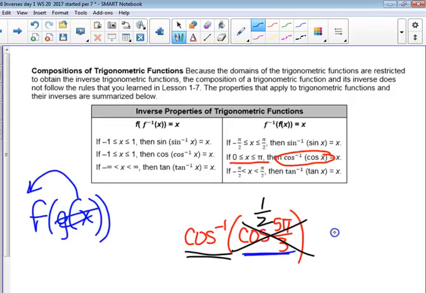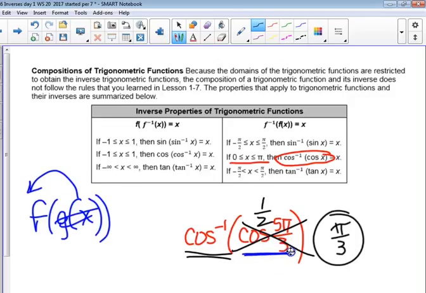And then you go back to quadrant 1, because now it's a positive cosine, inverse cosine, and it's 1/2 up at pi/3. Yes? No? Okay. A lot of times they are going to cancel each other out, but not always.